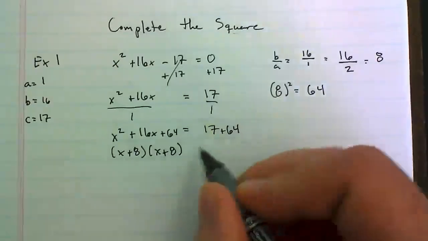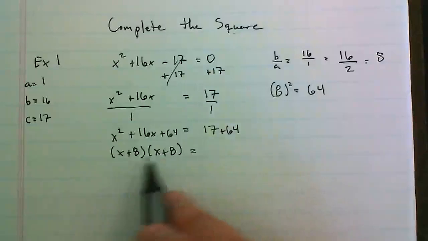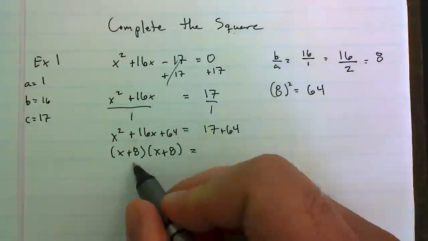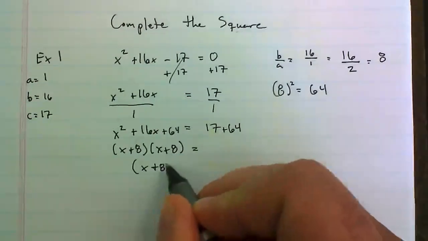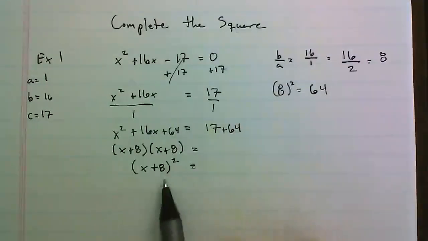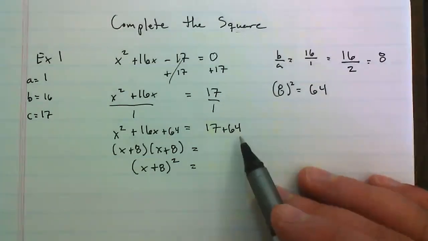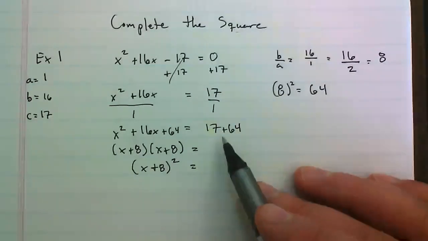Now this side we'll talk about later, but we are now in a good position to factor and clean it up. So for the fifth step, you factor this side and combine like terms. This is why we call it a perfect square, because when you find the two numbers that multiply to 64 but add to 16, you get this.